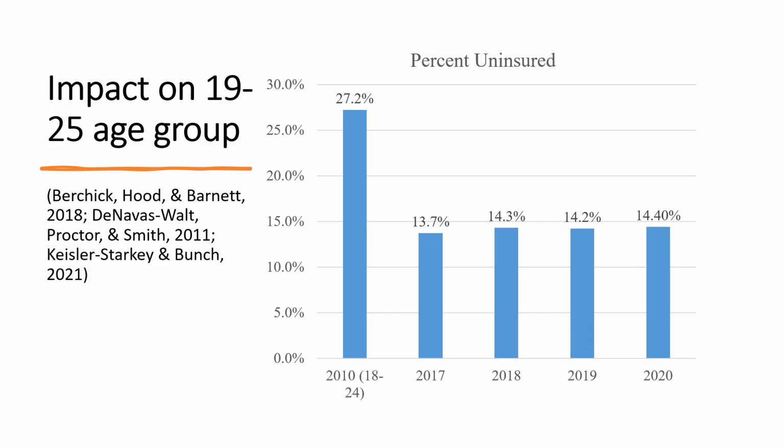That changed over time, and the group got a little bit bigger, but the number of uninsured in this age group decreased from about 27% to 14%. I would suspect that many of those who remain uninsured probably live with parents who do not have access to insurance, perhaps are unemployed.